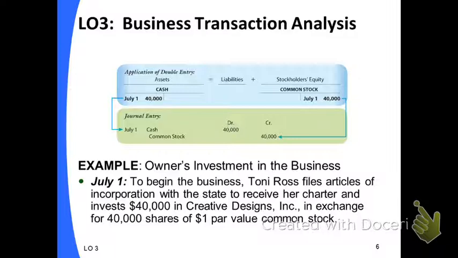As both of those accounts are increased, cash increases with a debit, and our stockholders' equity increases with a credit. So our rules relating to debits and credits apply. We have equal debits and credits, and we can journalize this transaction in a journal entry in the fashion shown here on this slide.